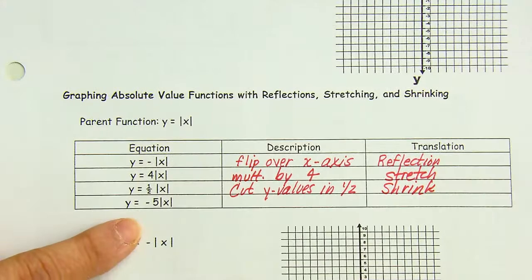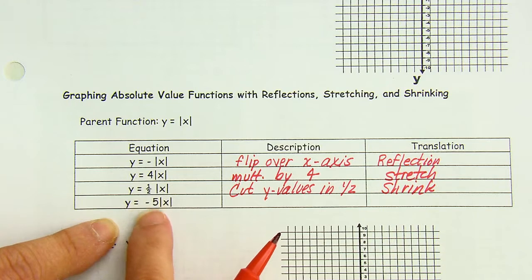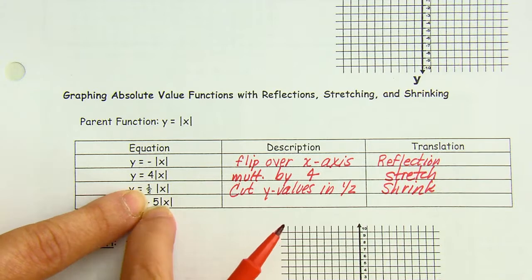This, we're doing two things, really. The leading negative out here is going to flip it upside down. And then we're going to multiply all the y values by 5. Not the x values, the y values. See, because this is y equals negative, so we're going to be upside down. It's going to be a negative y value. And then multiply by 5.